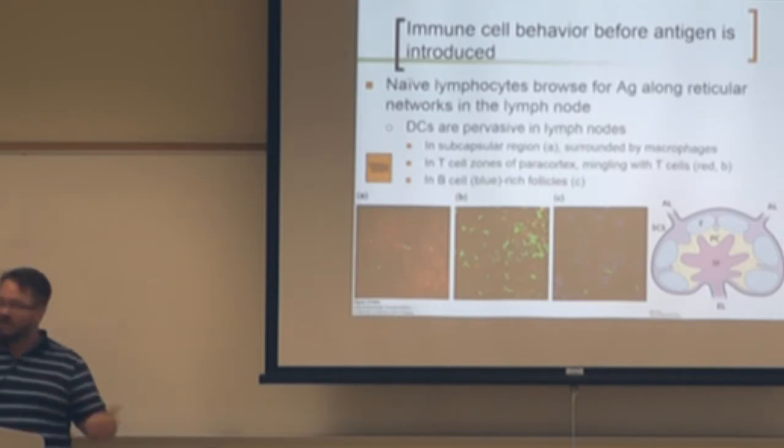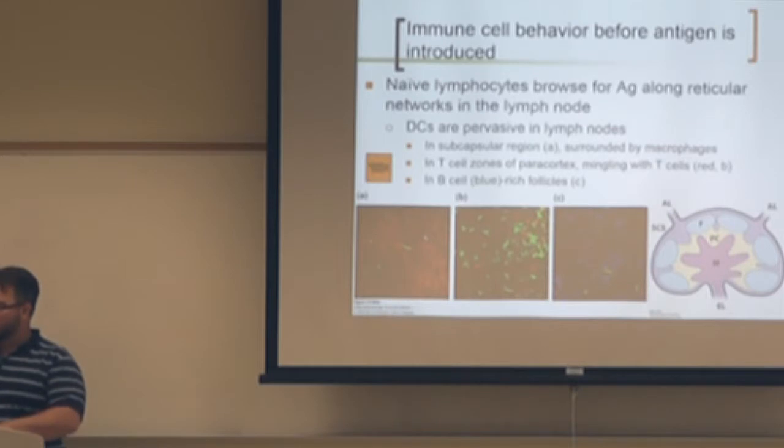Macrophages also have your PRRs, so they can sense when there are pathogens around, and they can pick up certain molecules associated with pathogens, and then they can pass those off to dendritic cells. Dendritic cells will come in already activated, already bound to antigen, and they will populate areas where T cells can now scan along those dendritic cells, and the same in B cell areas.